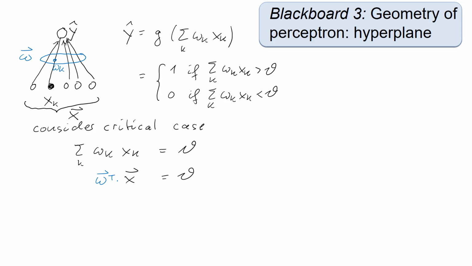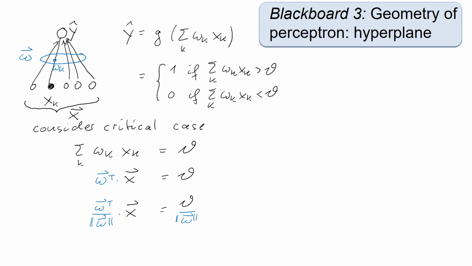Now I would like to just make one more transformation, and that is I will divide this by its length. So now w divided by its length is a unit vector. And I do the same division on the right-hand side, and the rest I just copy.